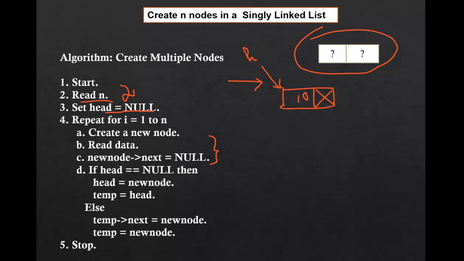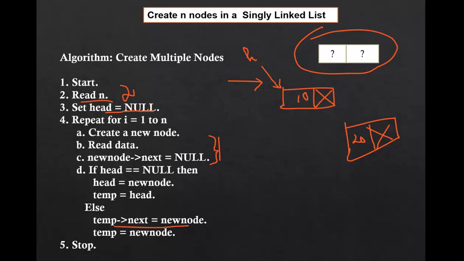Now i is equal to 2. For i equal to 2, you create one more node. I'm creating the node using malloc, and then I enter data and set next to null. Now the B and C part is again over. Check if head is equal to null. No, head is not equal to null. So the else part will execute. So temp's next is equal to new node.